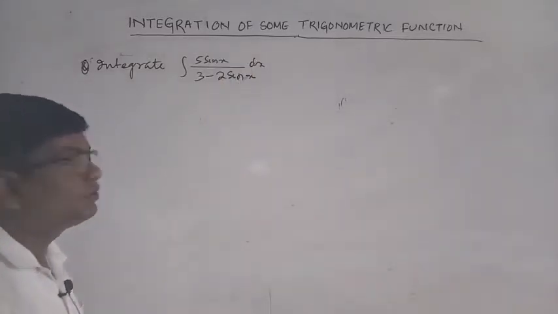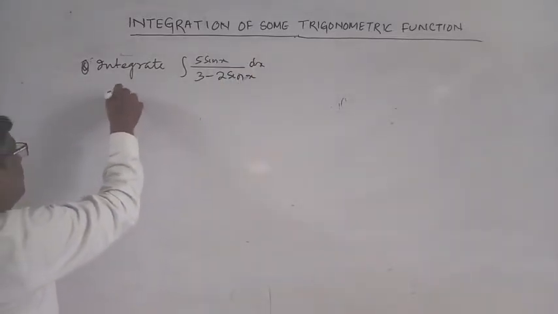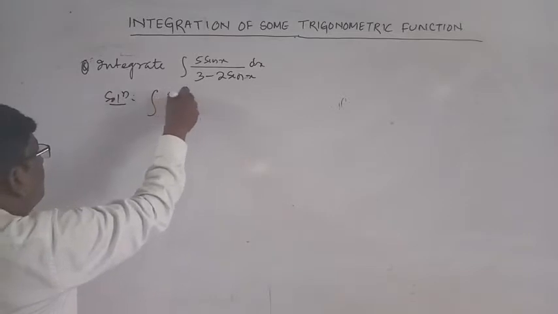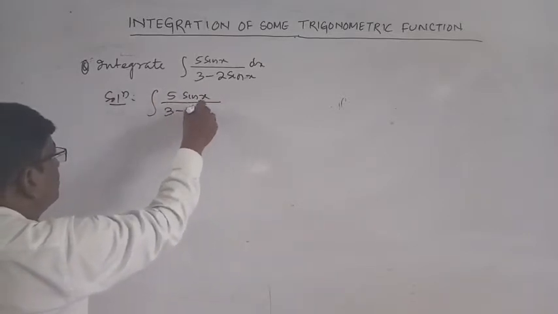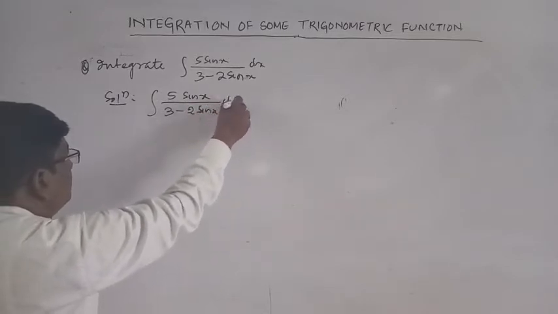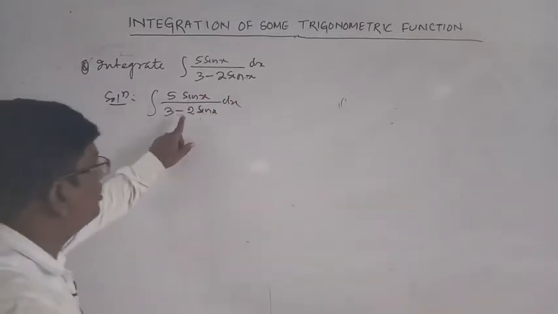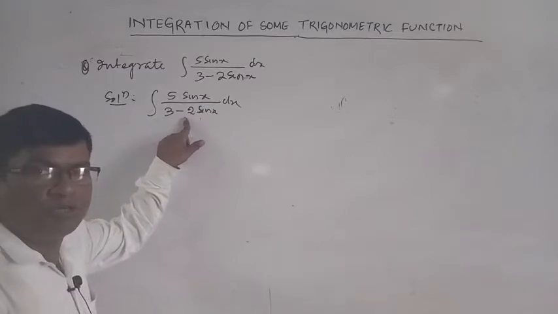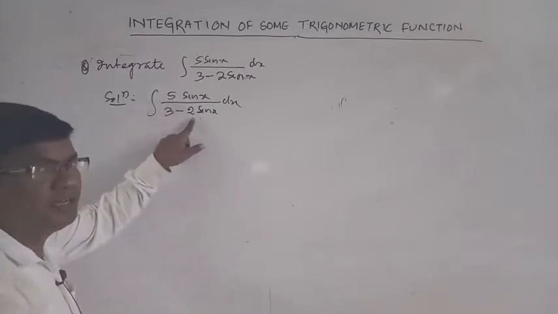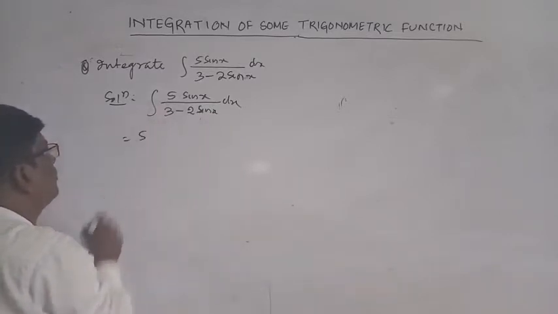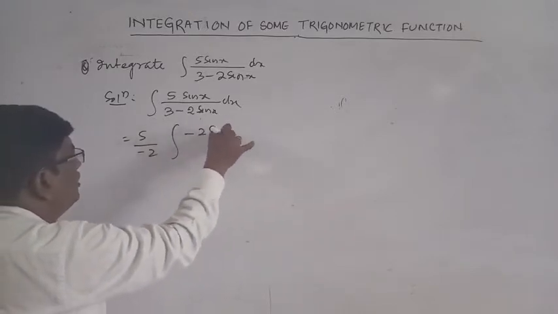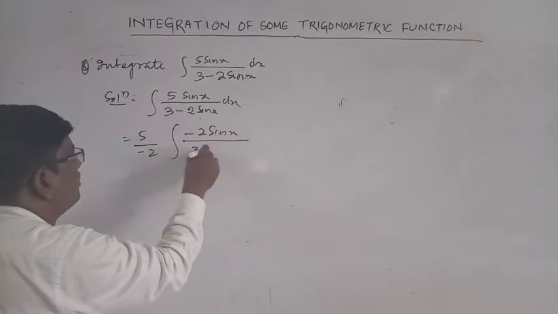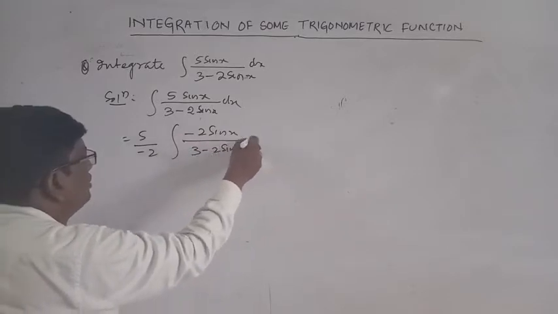So the solution is 5 sin x divided by 3 minus 2 sin x dx. We have to adjust this to cancel the numerator form. So this is 5 and this is minus 2. So take 5 common, then divide by minus 2, and this is minus 2 sin x divided by 3 minus 2 sin x into dx.